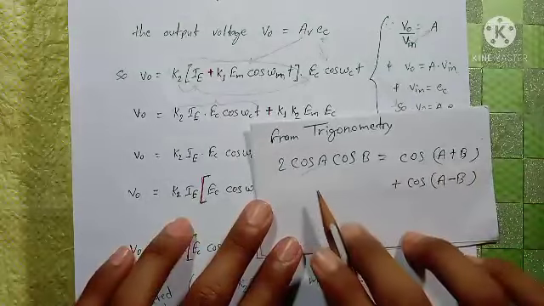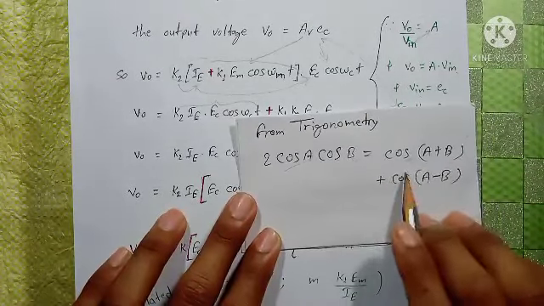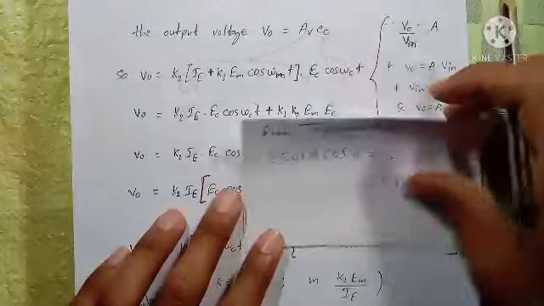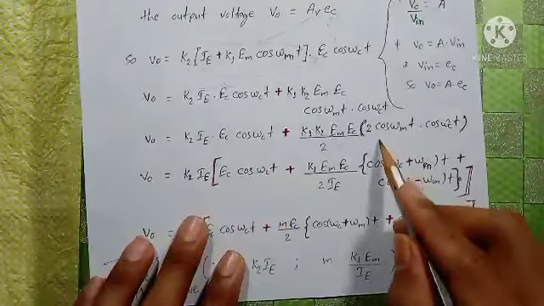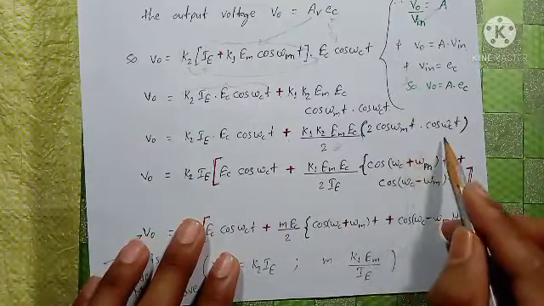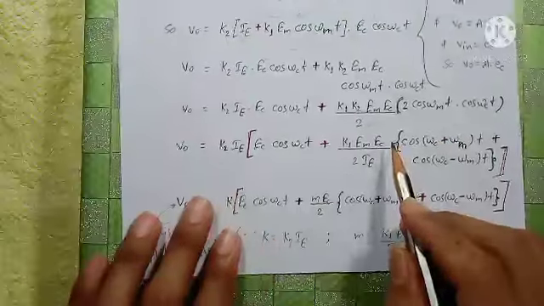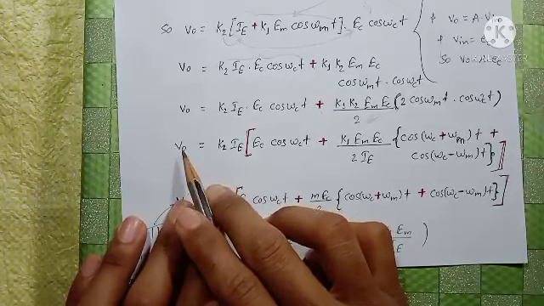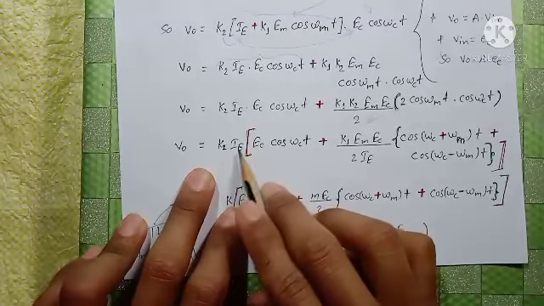From trigonometry, 2 cos A cos B is equal to cos(A plus B) plus cos(A minus B). We write this in the equation.